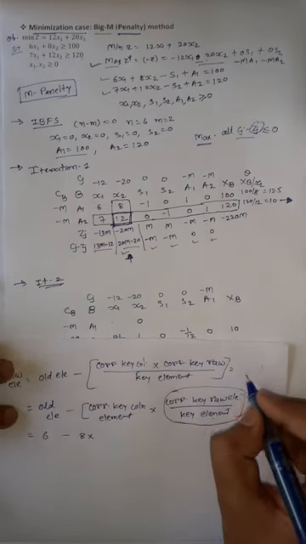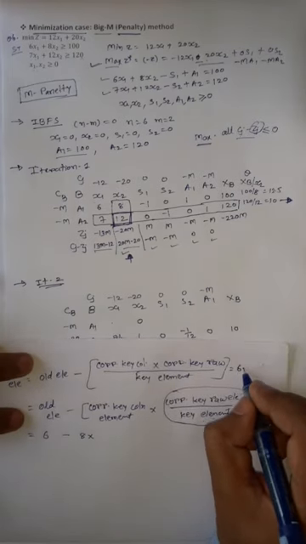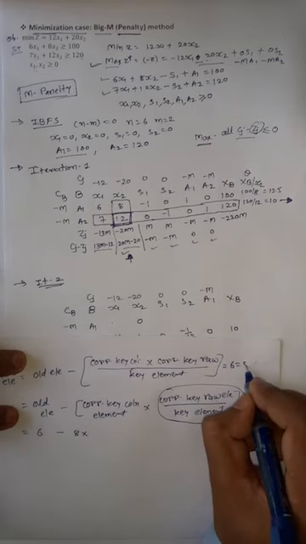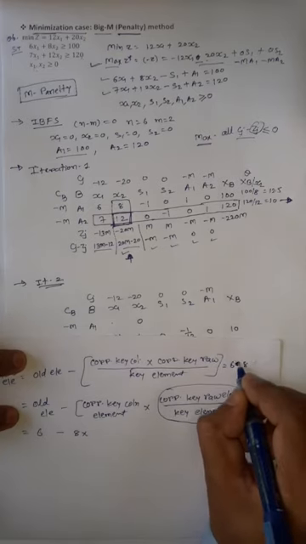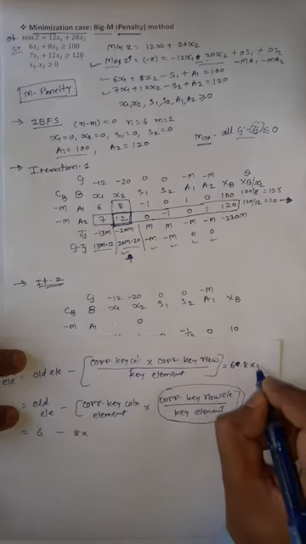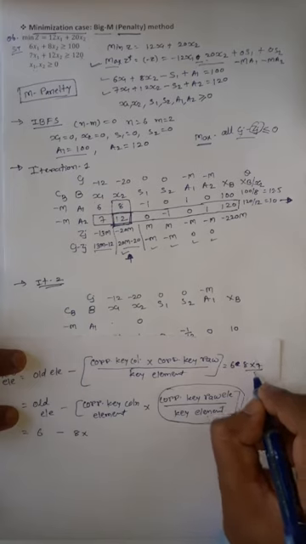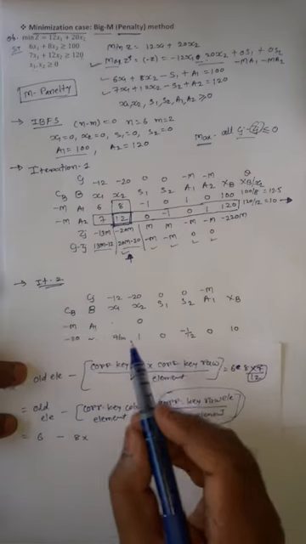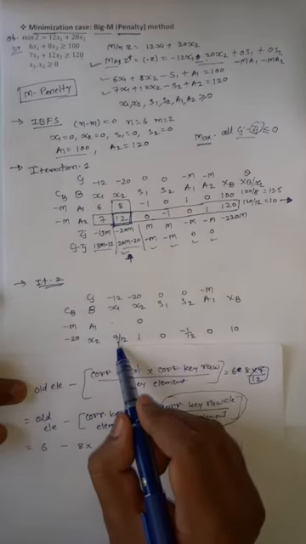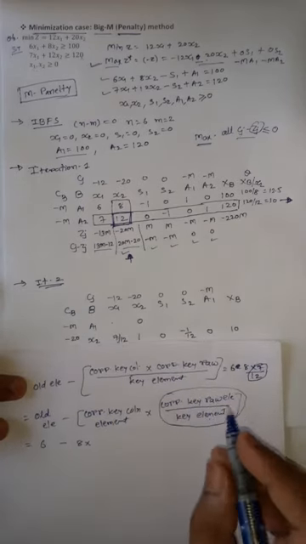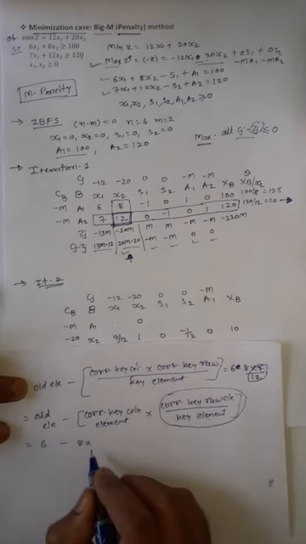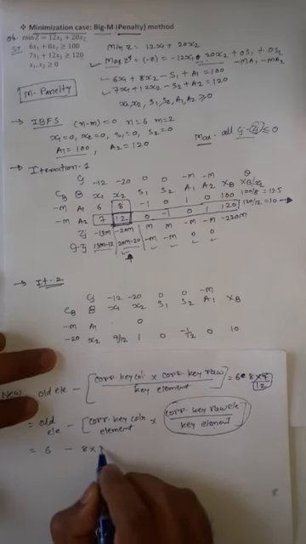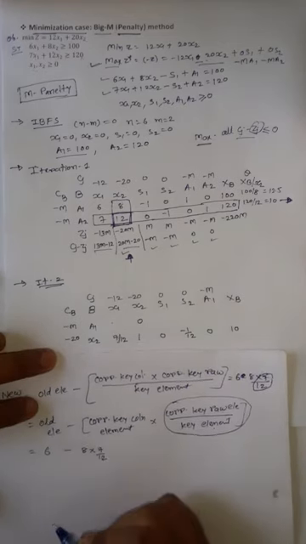But we already did 7 divided by 12 when we calculated this element. So we will use this equation, 6 minus 8 multiplied by 7 by 12, directly for each and every equation.